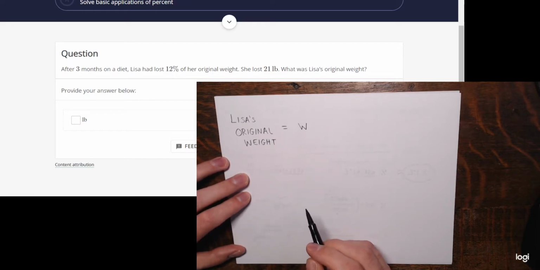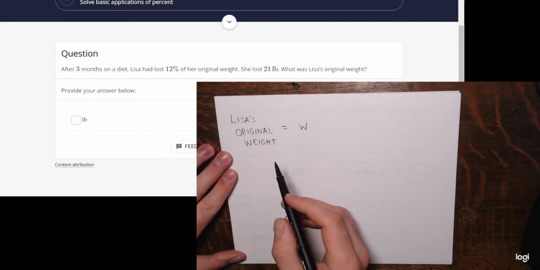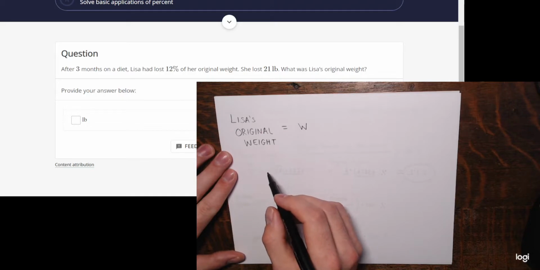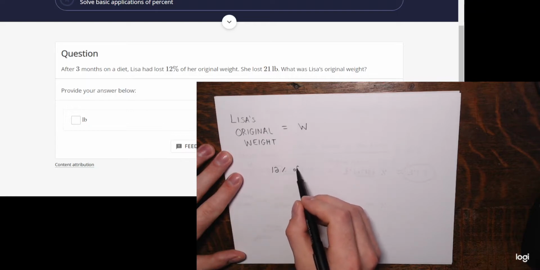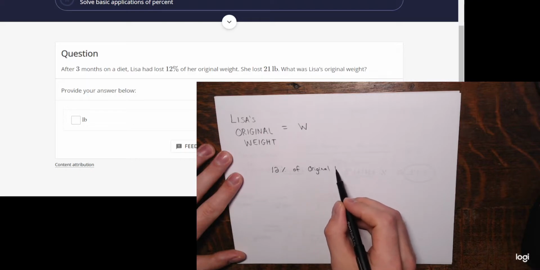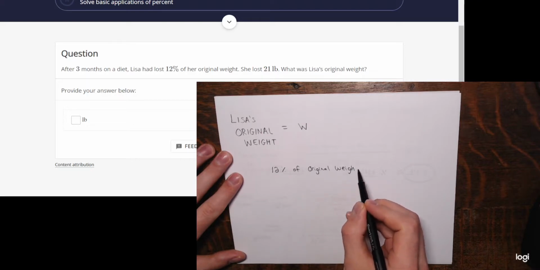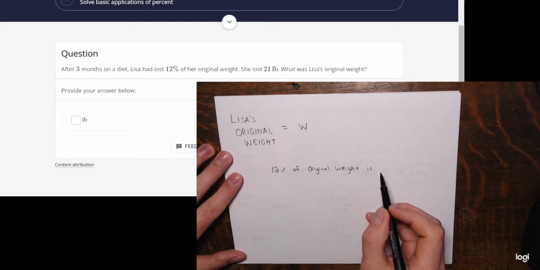Now, they do mention that Lisa had lost 12% of her original weight. So 12% of original weight is the weight that was lost, and they said she lost 21 pounds.